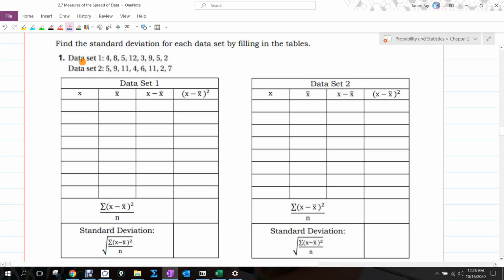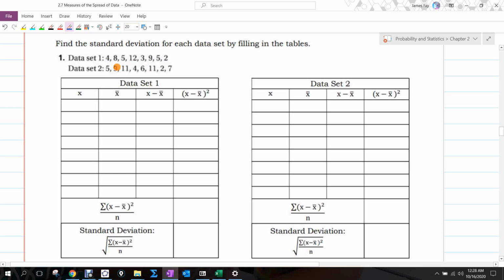What we're going to do here is try to fill these two data sets in and determine what the standard deviations are of these two data sets. Maybe this data, like the hair length example I gave you in the previous video, is the hair length of a group of people in, let's say, first period statistics class.